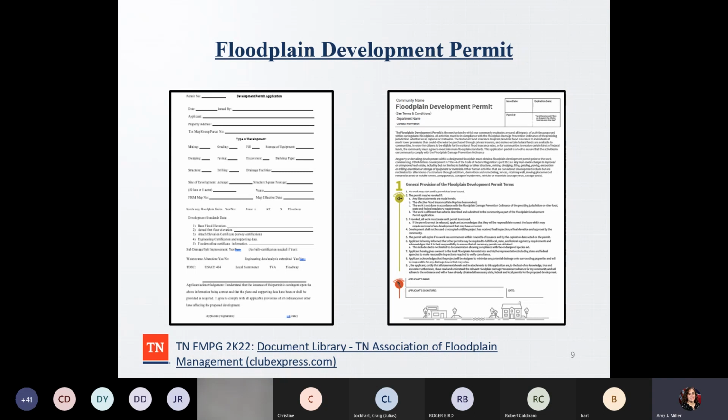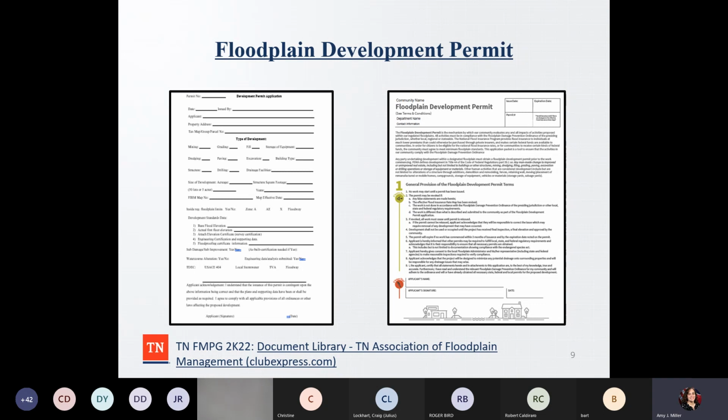And on the right-hand side, if you're more of the Jetsons and you have a little bit more sophistication, or your community is going all digital on forms, you can have the PDF here on the right-hand side. It's a fillable PDF. And these are just a baseline to document what's going on.